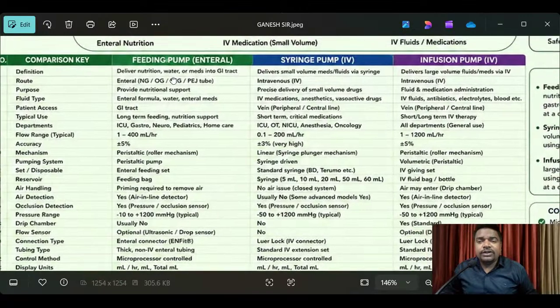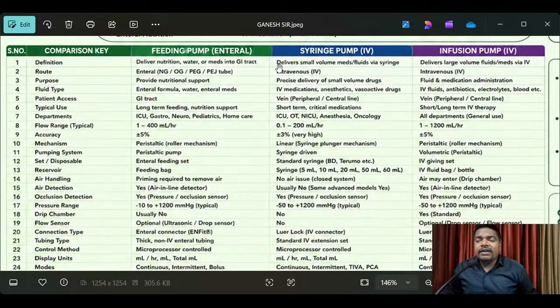Note that down. Next, the syringe pump, definition: delivers small volume medications or fluids via syringe. Which syringe? 10 ml, 20 ml, 50 ml, 100 ml. Up to 100 ml is available in the ICUs.